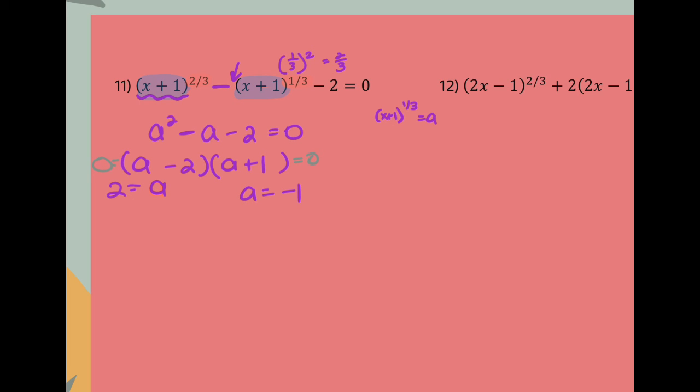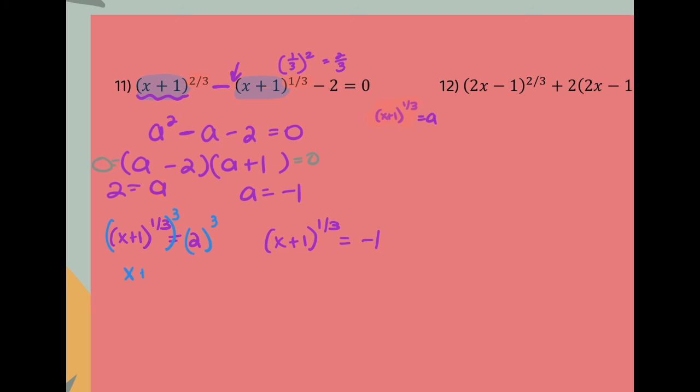And then substitute a back in. So (x plus 1) to the 1/3 equals 2, and (x plus 1) to the 1/3 equals -1. Now to get rid of a 1/3, we're going to raise both to the 3rd power.